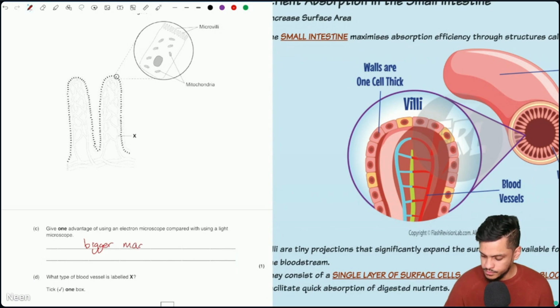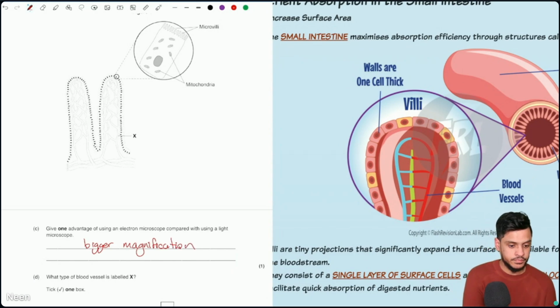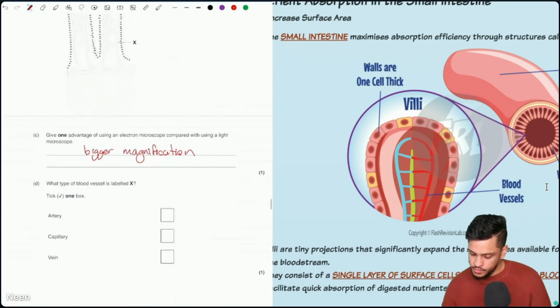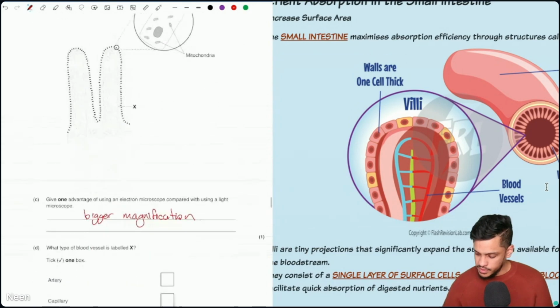Bigger magnification. Say bigger resolving power as well. We'll come back to the villi. We've got the question on the villi in a second.